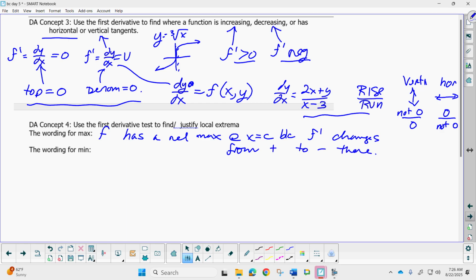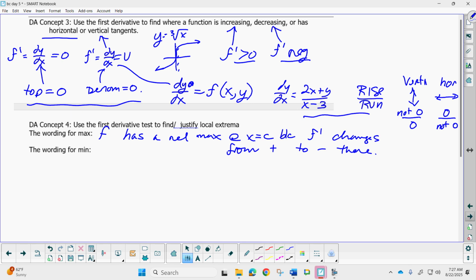They used to say because x equals c is a critical number and f prime changes from positive to negative there. But they stripped it down to bare minimum: relative max at x equals c because f prime changes from positive to negative there.